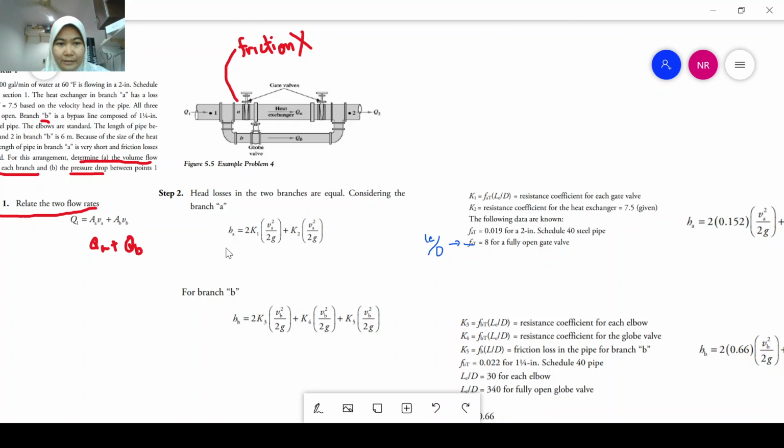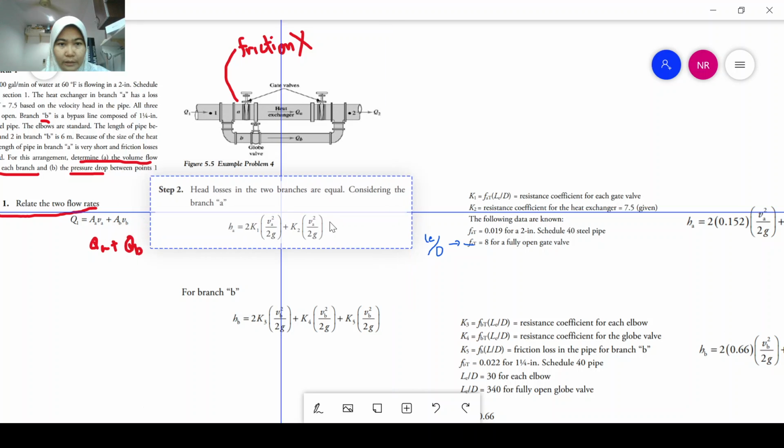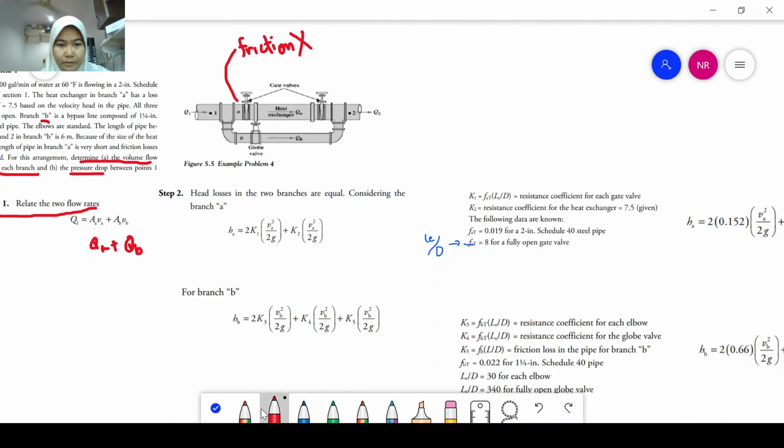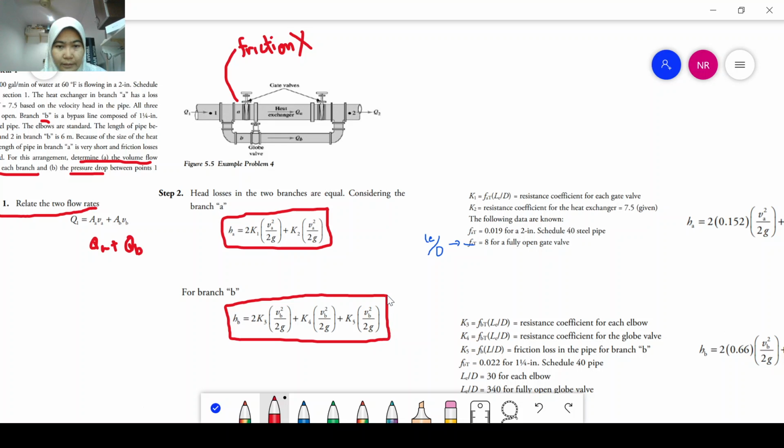Considering branch A, we have this equation. We are interested to know where this comes from. When we say this is the head loss HA, where does this come from? And then we also have losses from branch B. The losses from branch B can be calculated using this equation. So we have to know where this comes from.